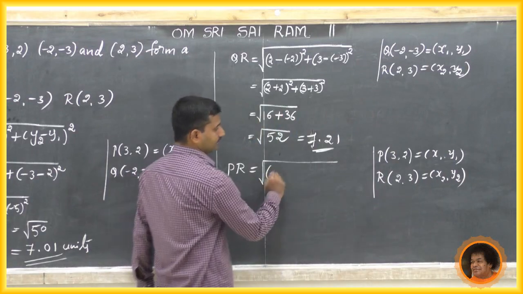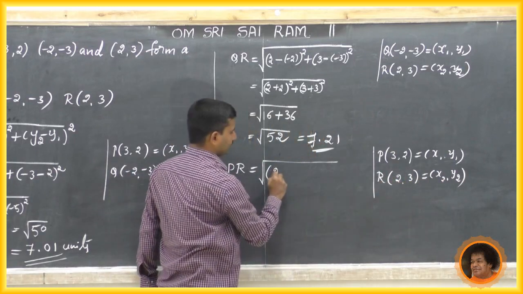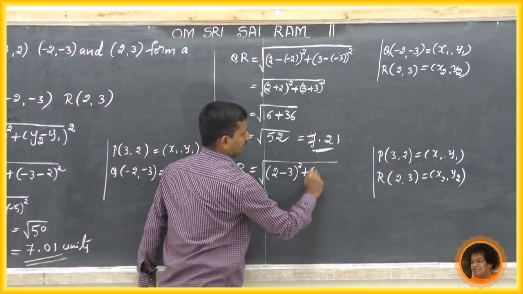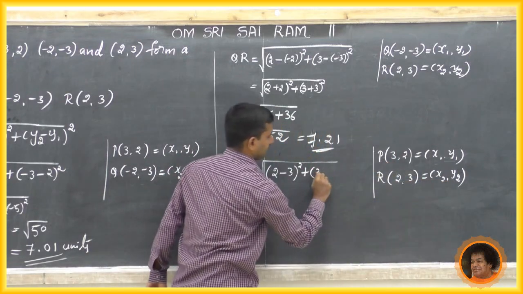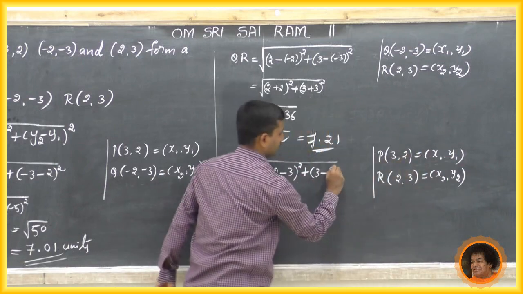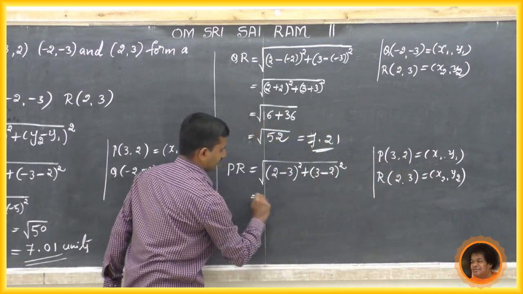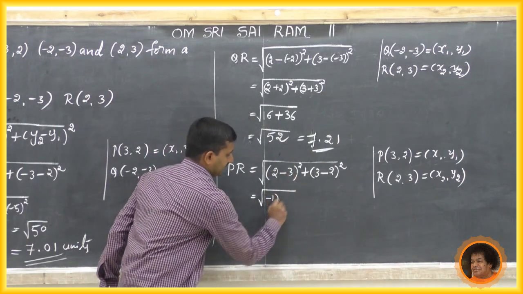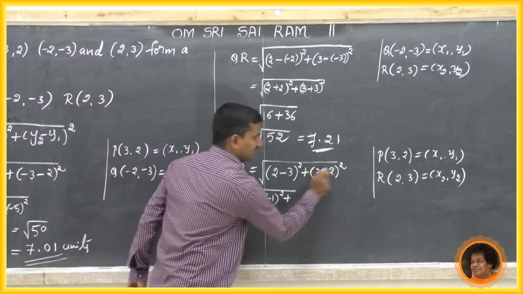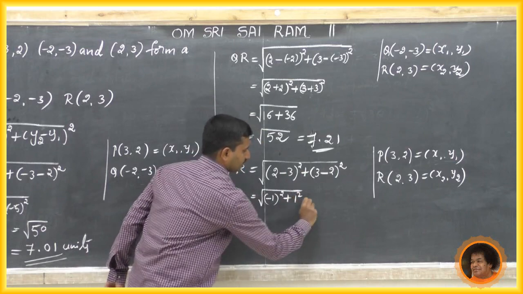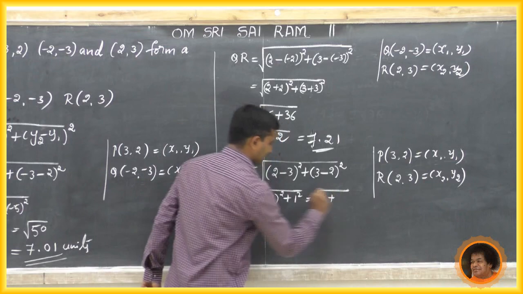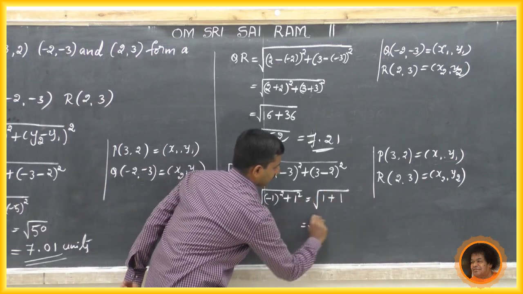Now substitute the values: x2 value 2 minus x1 value 3 their square, plus y2 value 3 minus y1 value 2 their square. So equal to square root of 2 minus 3, that is minus 1 whole square, plus 3 minus 2, 1 square. So equal to square root of minus 1 whole square, that is 1, plus 1 square, 1, equal to square root of 2.